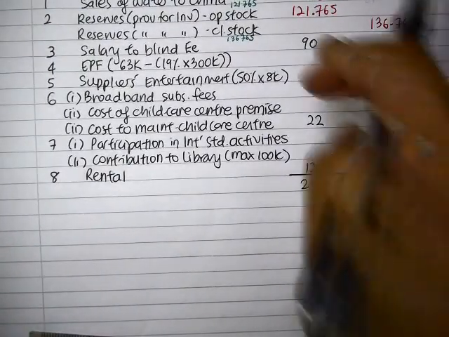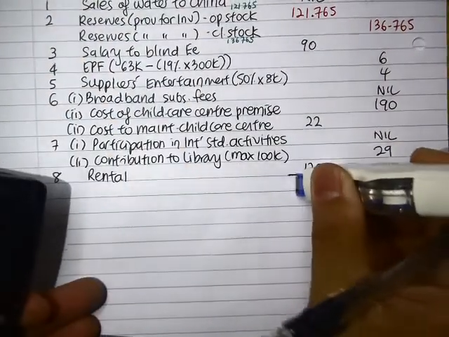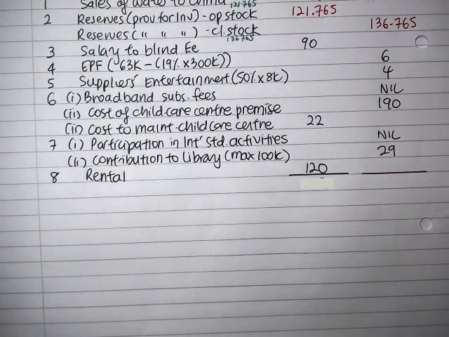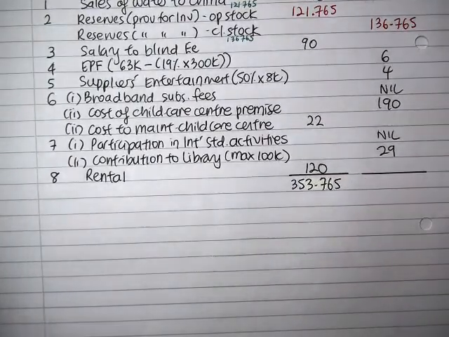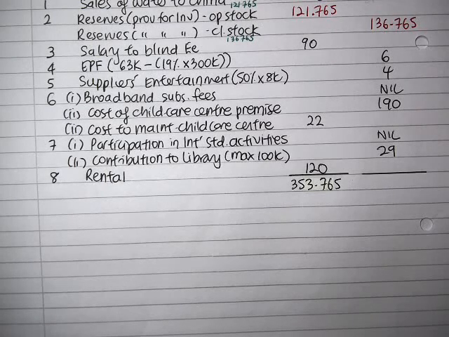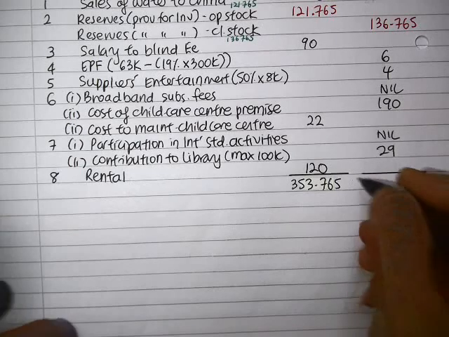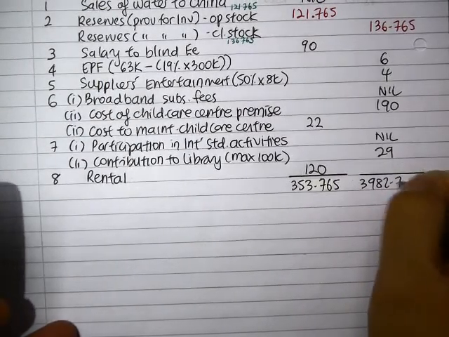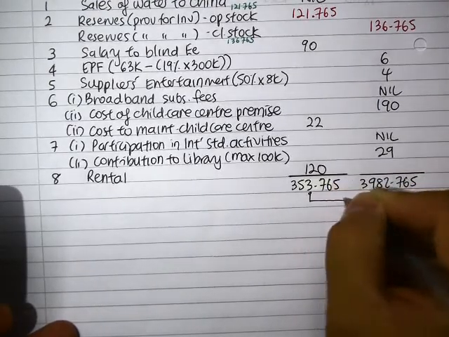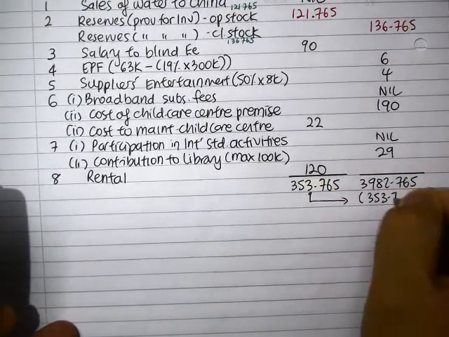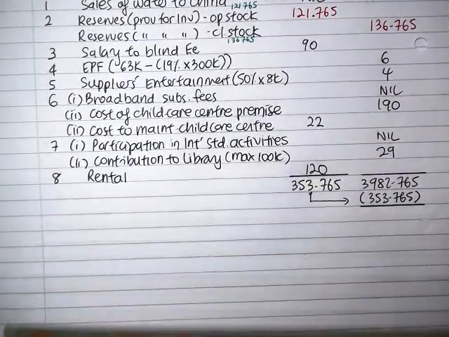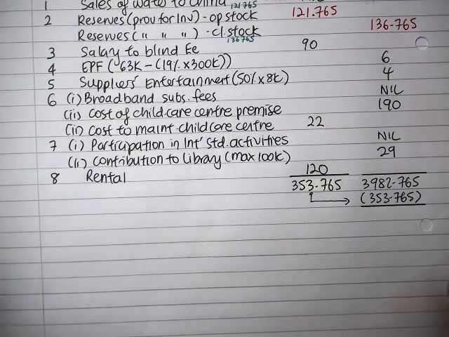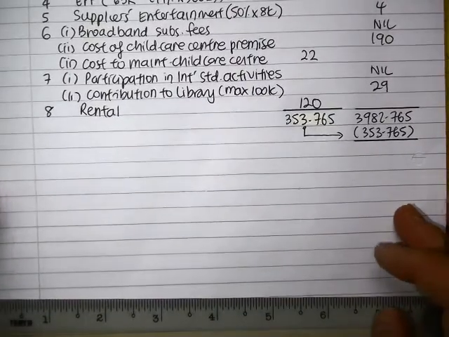232 is what you might. Sorry, I forgot to put the 121,765. Okay, 353,765. 3,982,765. Okay.